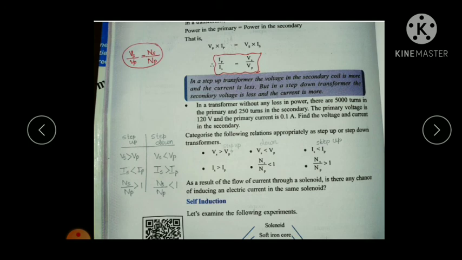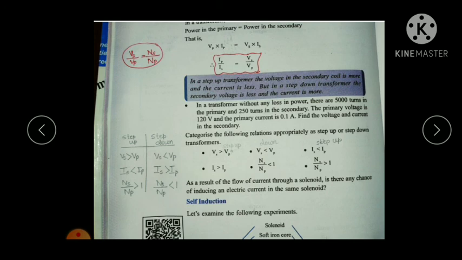So what we learned today? We saw what is mutual induction and then what are transformers. Mutual induction is a phenomenon in which a change of current in the first coil causes an induced EMF in the second coil. And this mutual induction is the working principle behind a transformer.